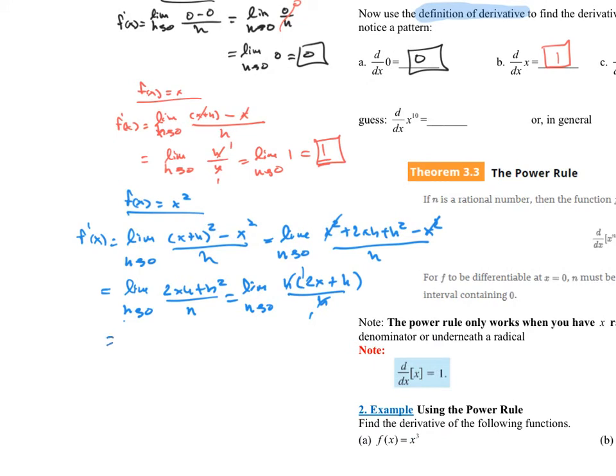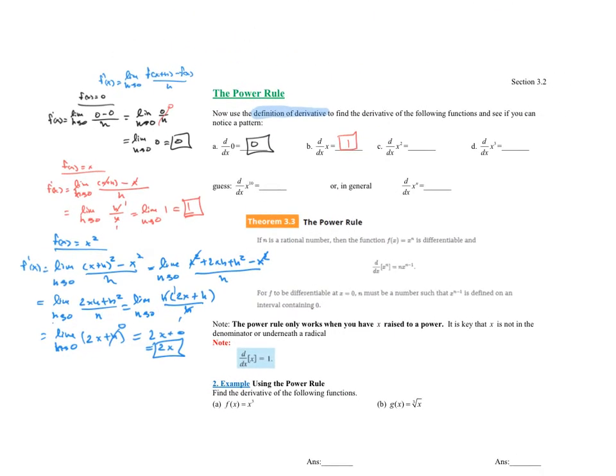So this is the limit as h approaches 0 of 2x plus h. When we do that, the h would go to 0, so this would be 2x plus 0, which is simply 2x. So what's the derivative of x squared? The derivative of x squared is 2x.